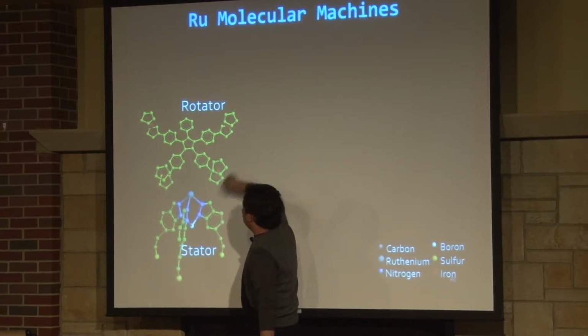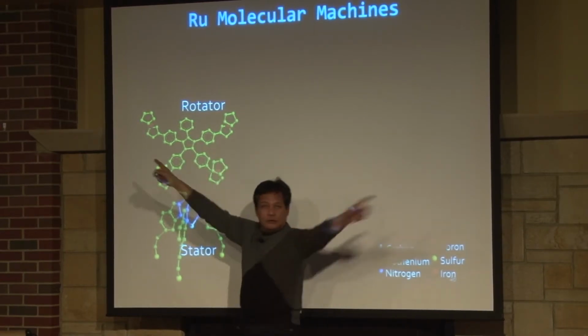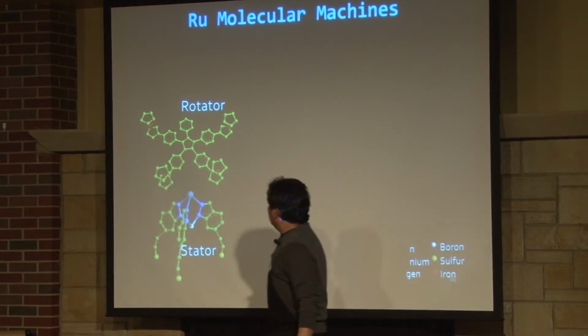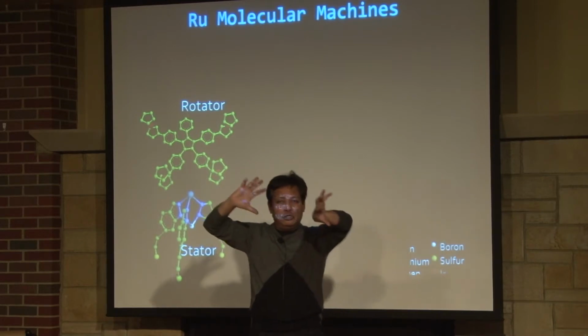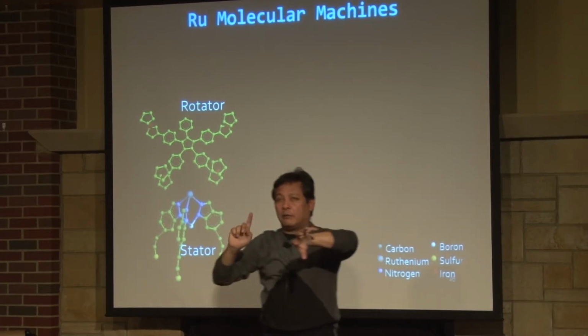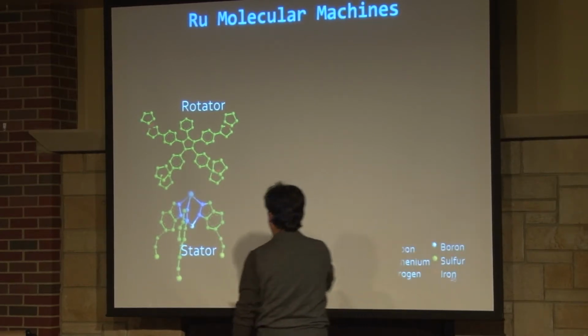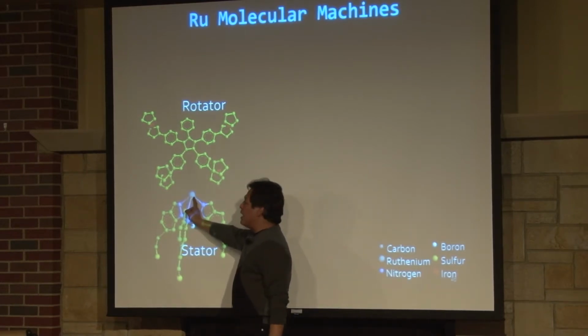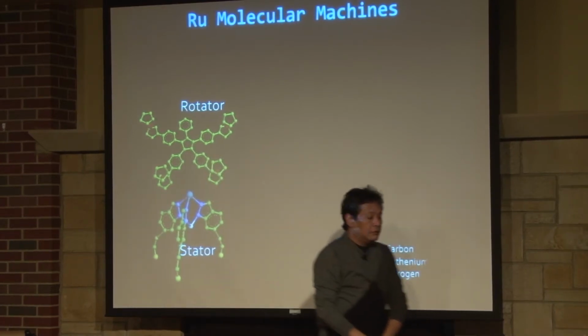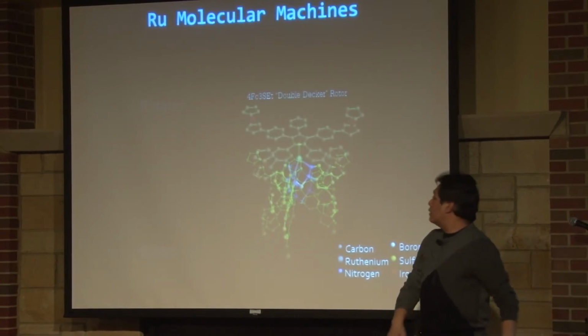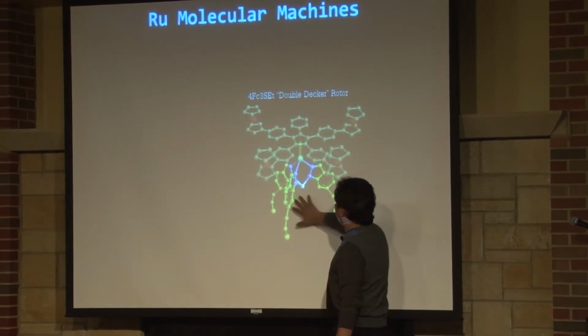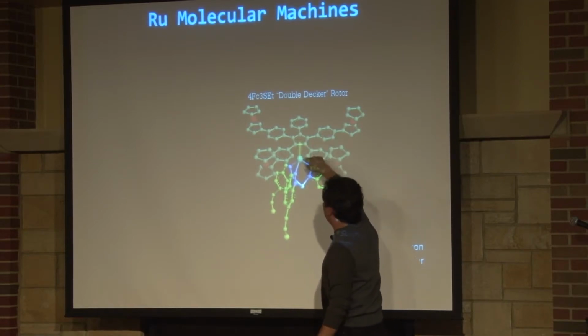We have a rotor, and this has 5 blades. But if you connect the rotating part and the stationary part, you need a ball bearing. So we use a single atom ball bearing, a ruthenium atom, and we stick it together, and it looks like this. So this is the stationary part, this is the rotating part.